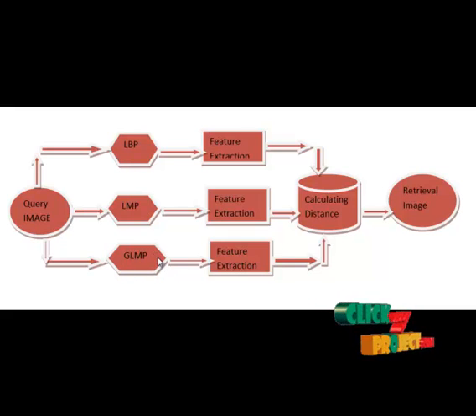These Gabor local mesh patterns provide other features of the query image, extracting the Gabor features. After extracting the 3 features, by using these 3 features, we calculate the distance from each and every pattern. After calculating the distance, we retrieve the image.